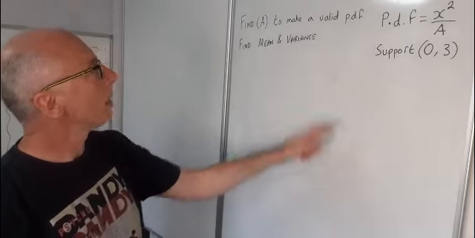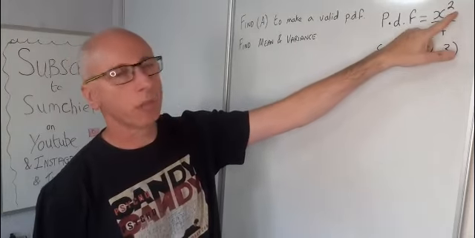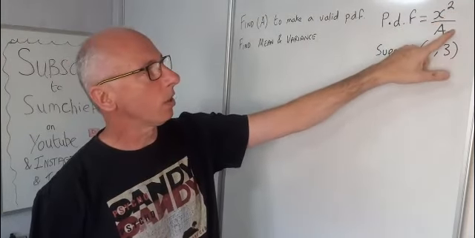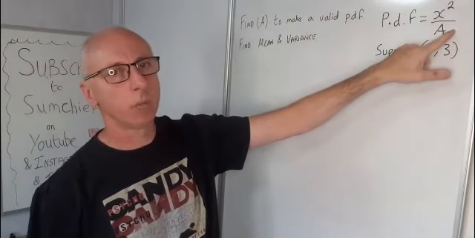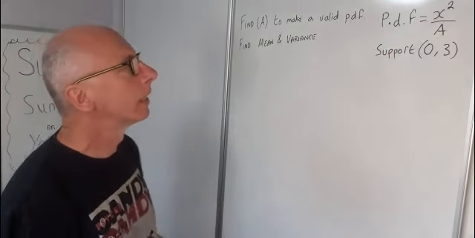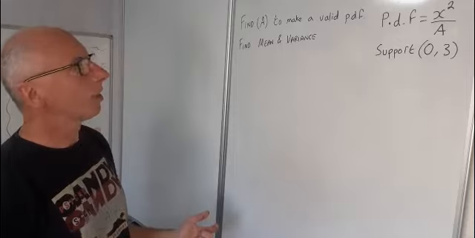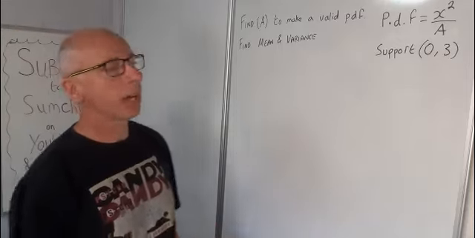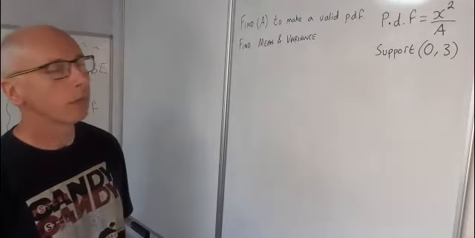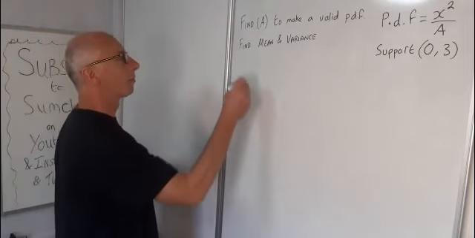Okay, so when it's in this form here, x squared is our density core and our a here is our normalising constant. So how are we going to show that this is a valid PDF? Well, the first way is by integration.